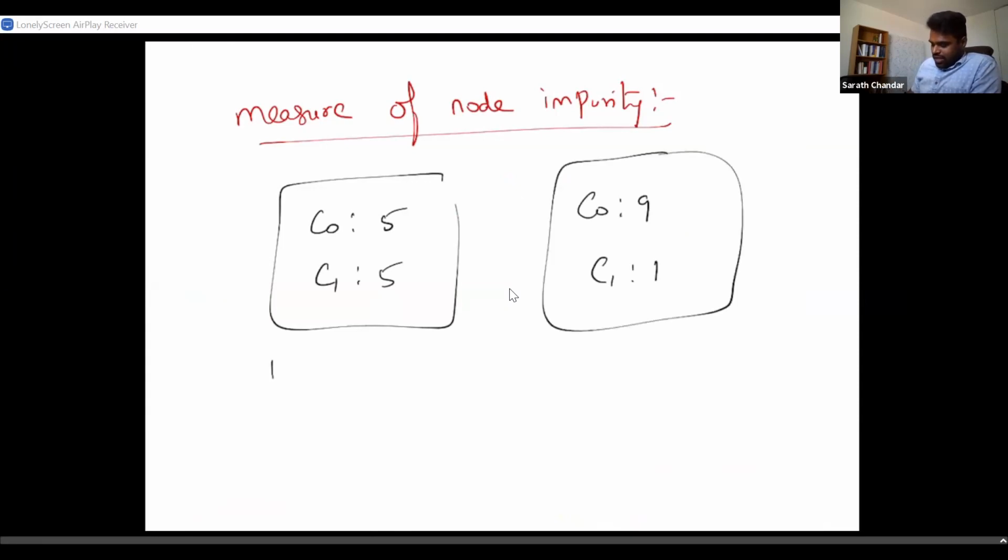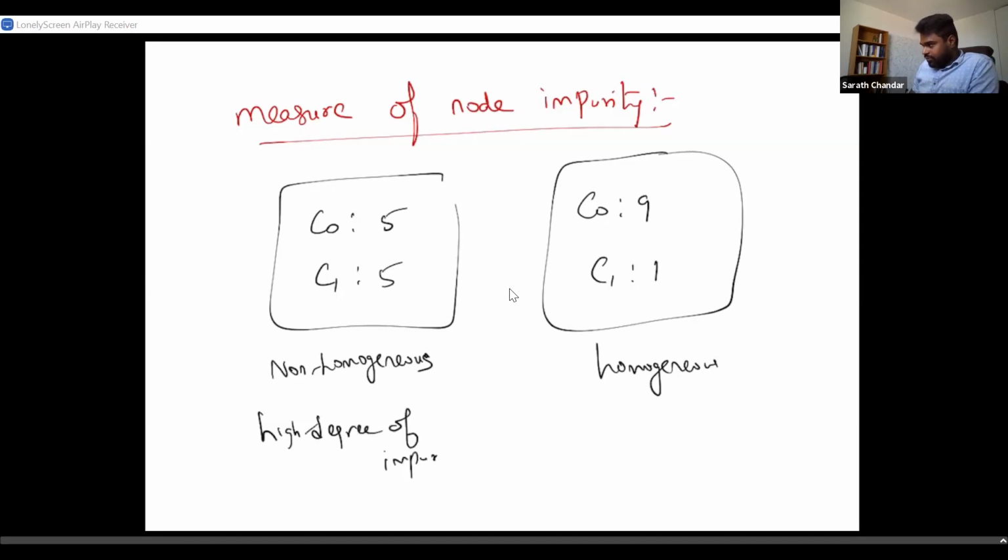Okay, now this is an example of a non-homogeneous node. On the other hand, this is a homogeneous node. Okay, so this has a high degree of impurity. Okay, on the other hand, this has a low degree of impurity.